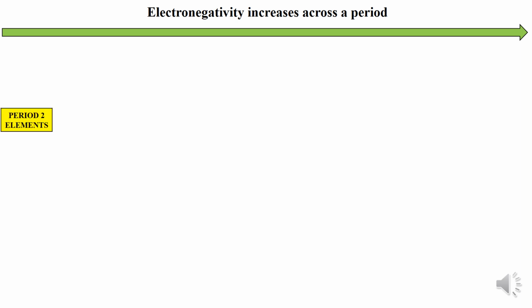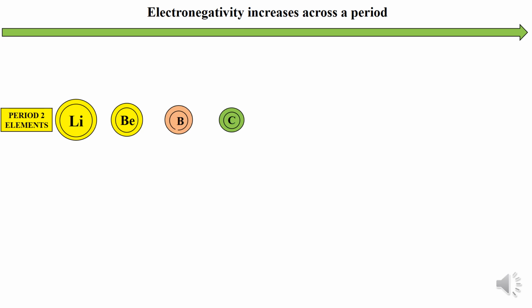Now going across a period from left to right in the periodic table, you will find the electronegativity increases. So let me consider the period 2 elements: lithium, beryllium, boron, carbon, nitrogen, oxygen, fluorine, and neon.